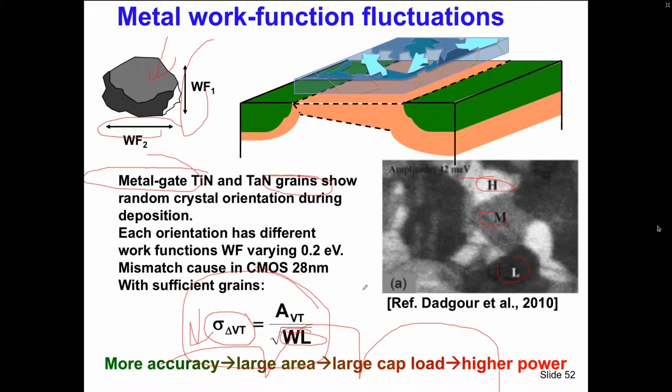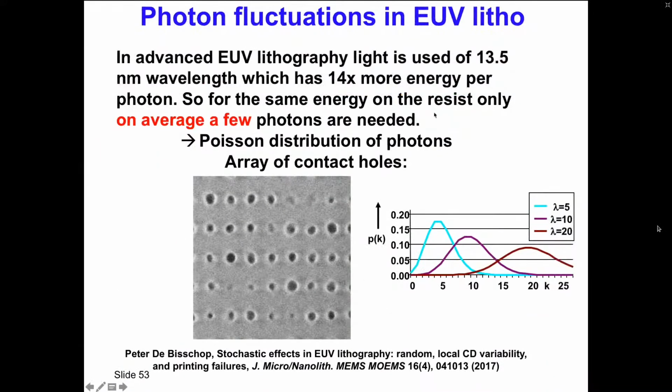There are more issues with this same phenomenon. This is a little bit curious, but very much today's problem, and that is, of course, with the EUV lithography. So here in this photograph, you see an array of contact holes.